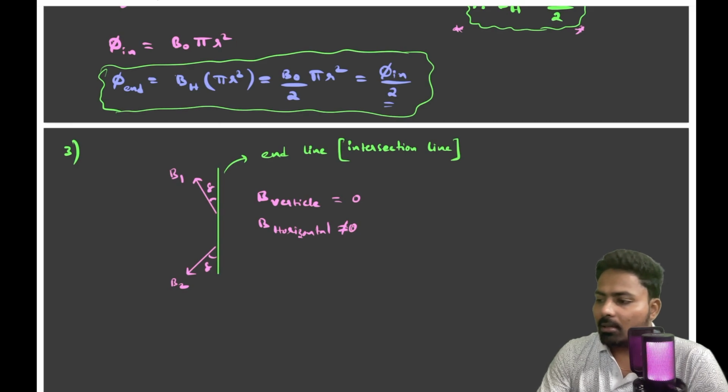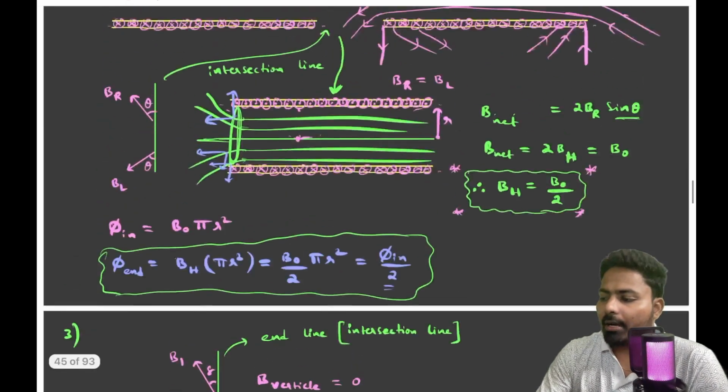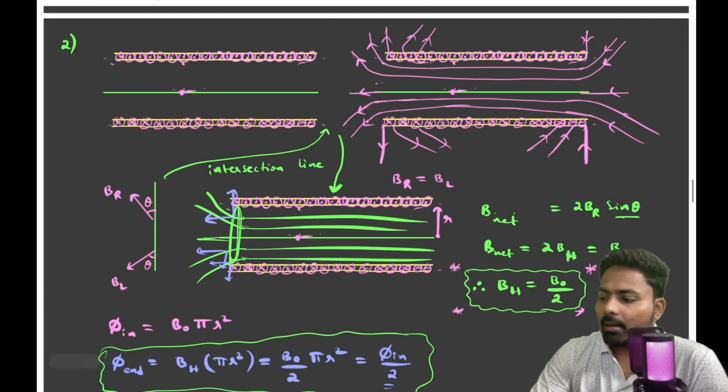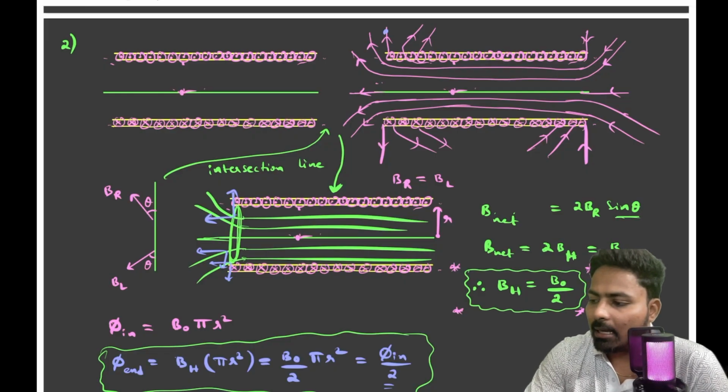But these field lines I am considering are at the end of the solenoid, right? Let's say at this point I'm going to find the magnetic field. When I join these two, let me name this point q, and this point q dash. Now both the points have joined.